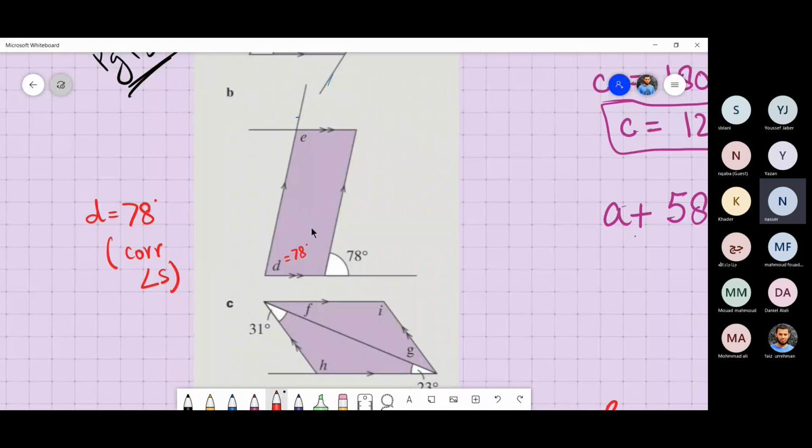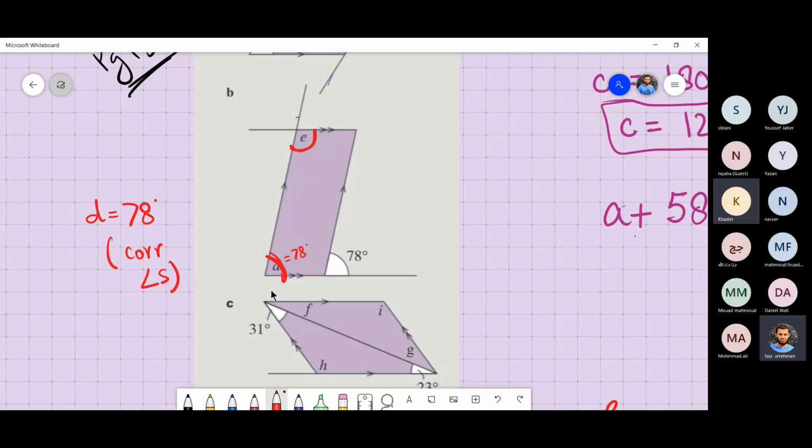Now which property is this? Co-interior.